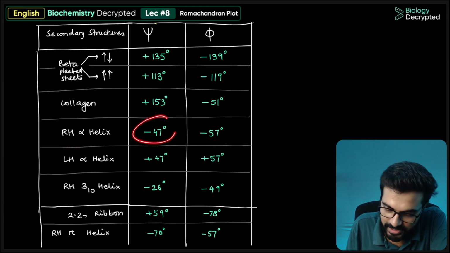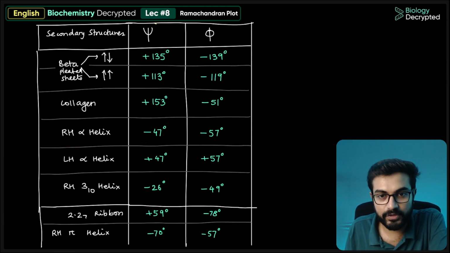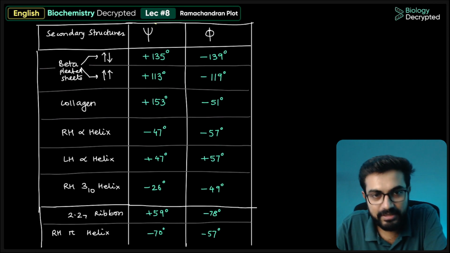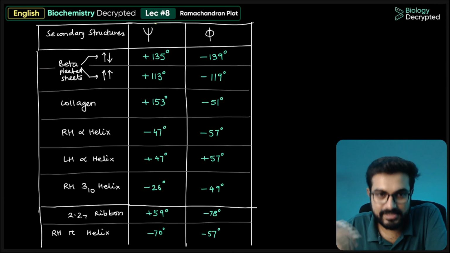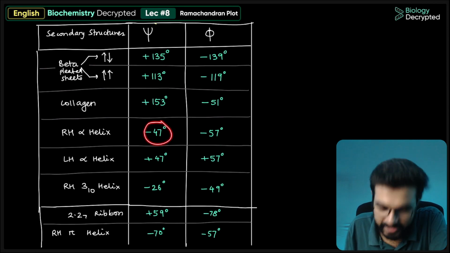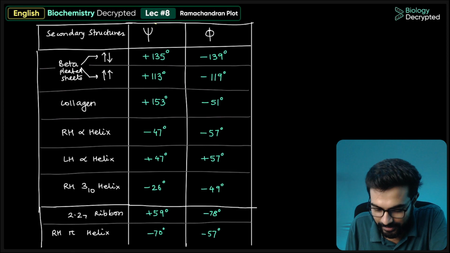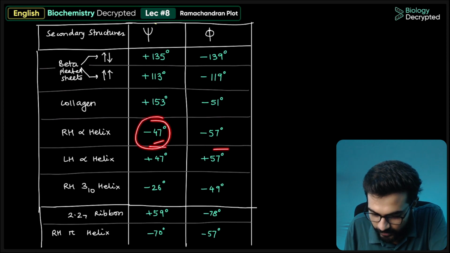Moving forward, right-handed alpha helix. Well, you can remember it as 1947 and 1857. Both the years are very important for India's freedom struggle, right? So this is how we got independence in 1947, but the first freedom struggle was 1857. This is the way of remembering it: 47, 57.